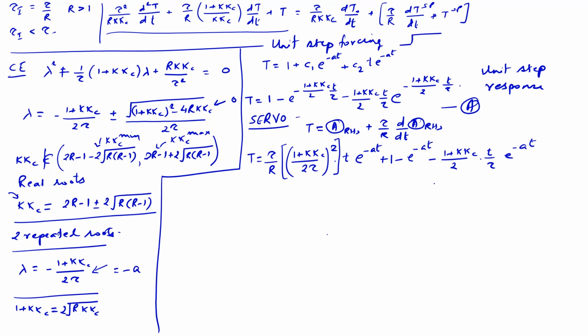Okay, and if you do some algebra, we'll get T is equal to 1 minus, so I'll take e to the power minus at common because that's common to all the terms.